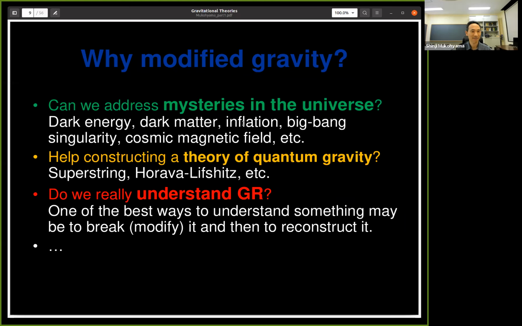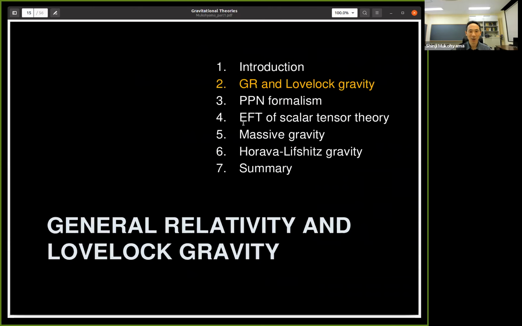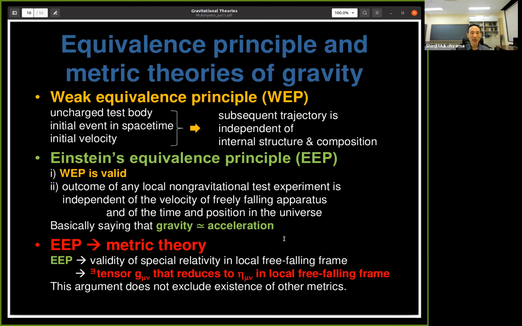Okay, thank you. So let me go on to the next section, which is general relativity and modified gravity. In order to modify general relativity, I think we need to know it. Otherwise, we don't know where we go. So in order to talk about general relativity, I think I should start with the equivalence principle.